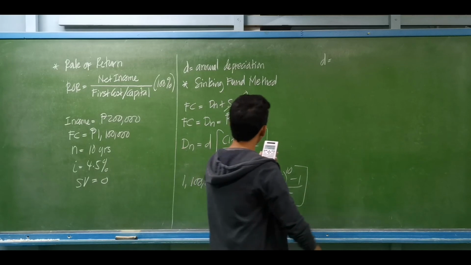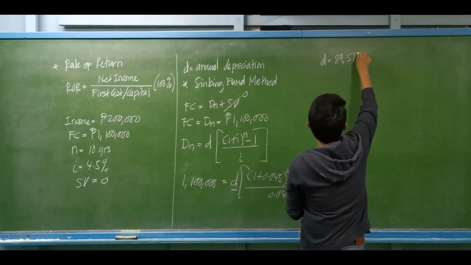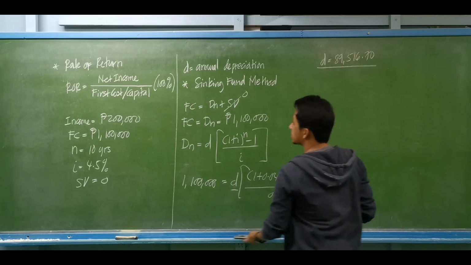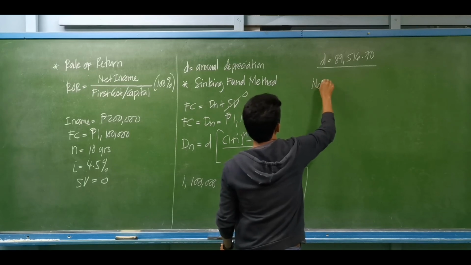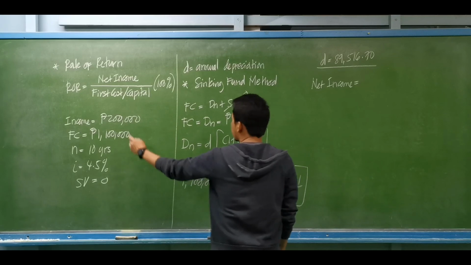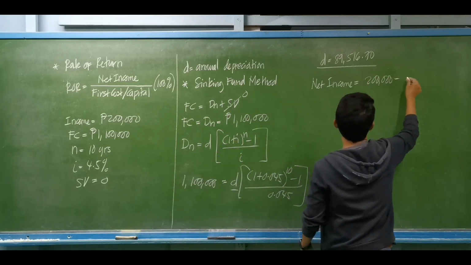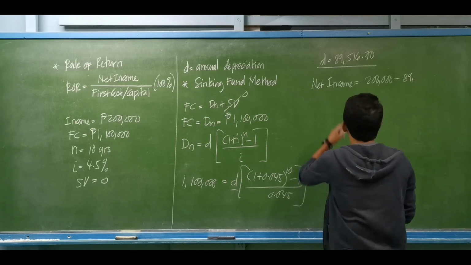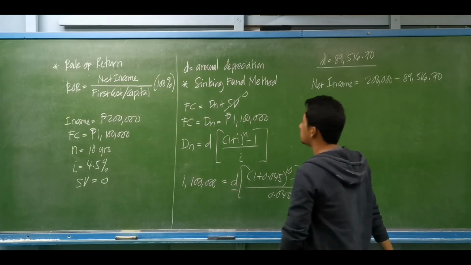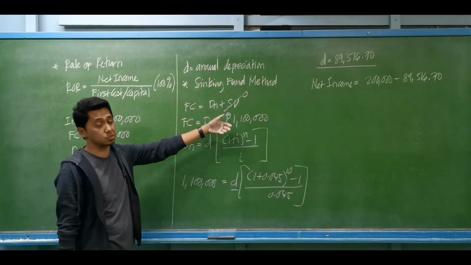So we have the annual depreciation cost of 89,516.70. Let us determine the net income. For net income, we have the gross income, which is given as 200,000, less 89,516.70. Actually, depreciation cost is an indirect cost.